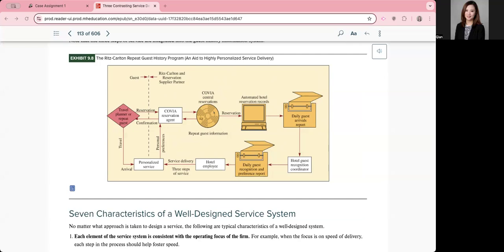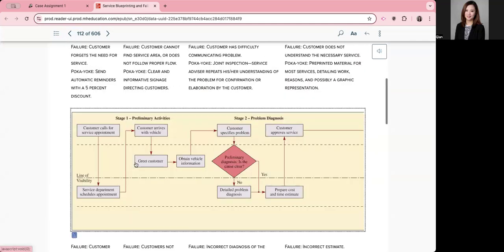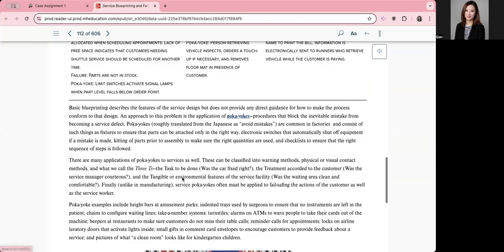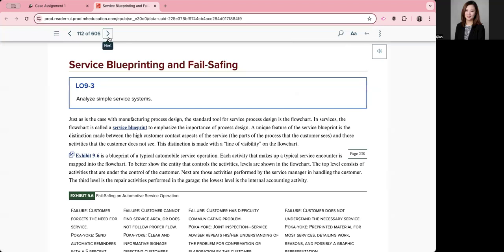Just like I mentioned, we use the diamond to represent decision, the box to represent normal activities, the triangle to represent waiting, and the oval to represent the starting or ending point. We use single arrows to represent the direction. We use double arrows to represent something arriving, like material arrivals or customer arrivals.